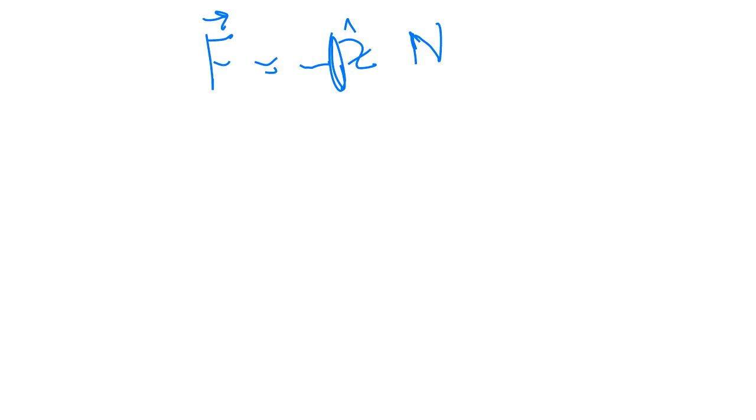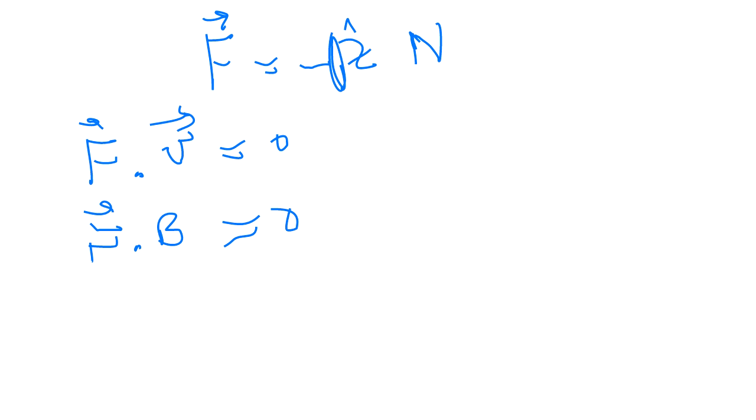The force F was along the negative Z hat, with a number: minus 13.4 times 50 microcoulombs. So that's my force. Now he wants me to show that F dotted with V and F dotted with B are equal to 0.